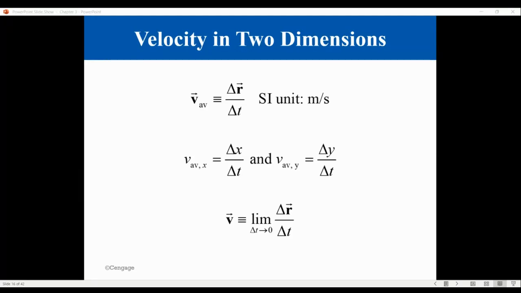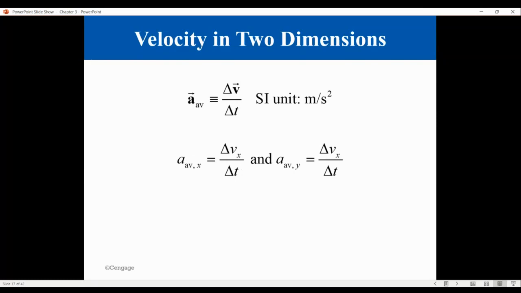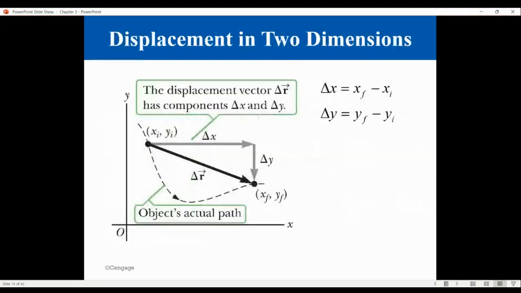Then just going on to acceleration. Acceleration is the same thing. We have the change in velocity with respect to time. When I'm talking about the change in velocity, we're talking about the change in velocity happening over here due to this delta r.